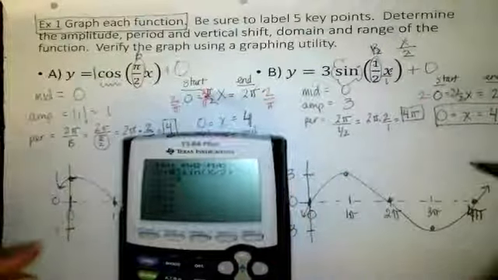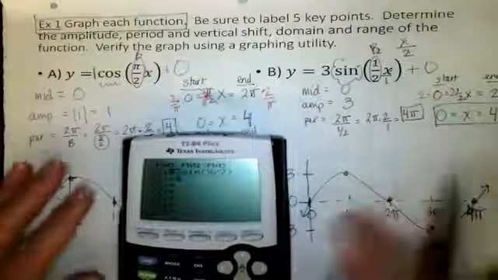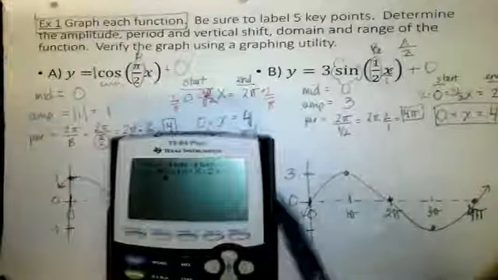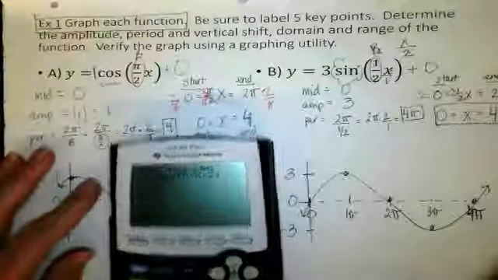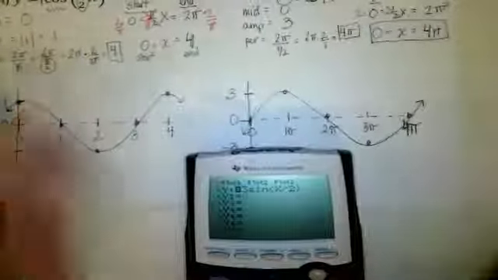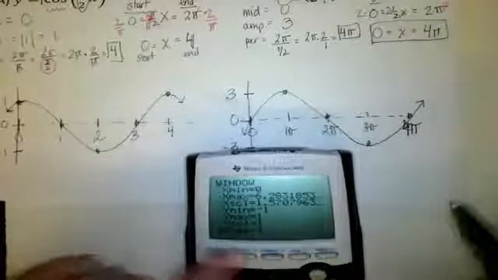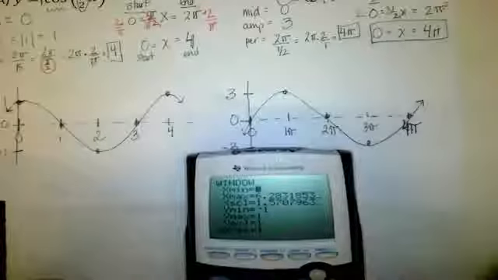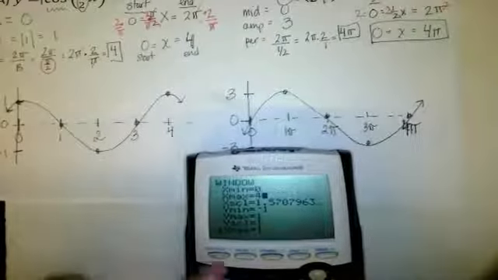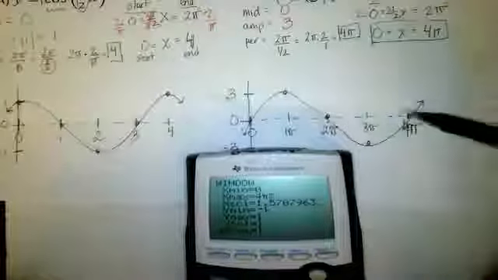And what you need to do is set your window so that it exactly matches the picture that we have graphed. So go to your viewing window, and we're going to set our x-axis from 0 to 4 pi.